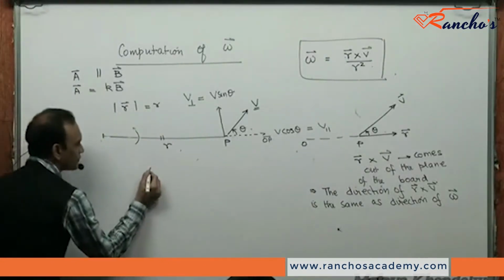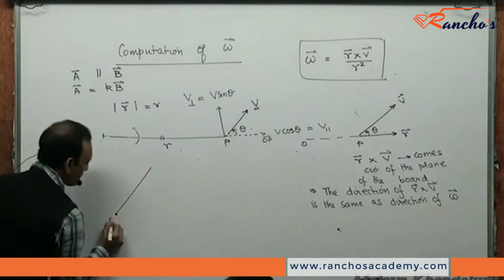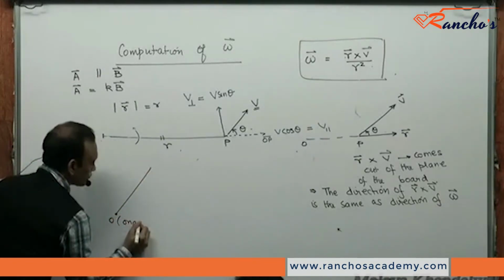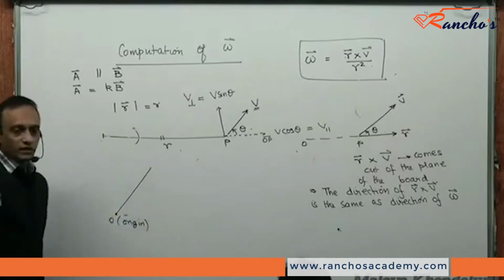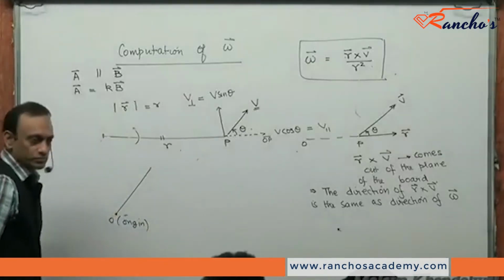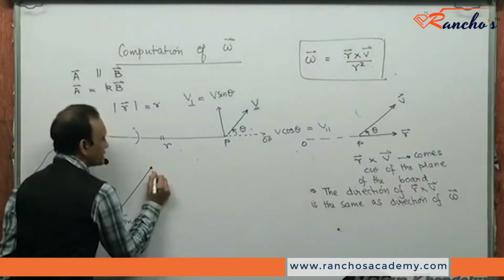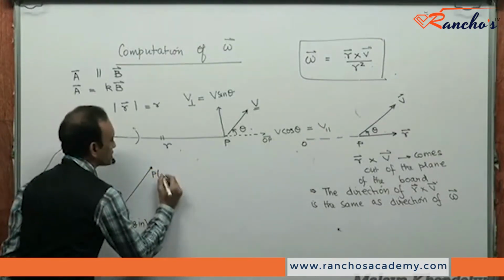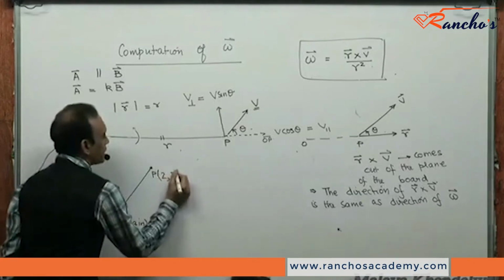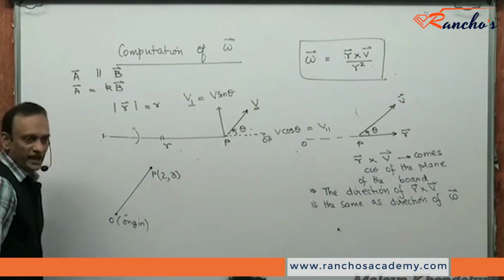Say for example, there is a particle moving in the xy plane, and say this is the origin. At a certain instant of time, the particle is here and has coordinates 2, 3 in the xy plane.